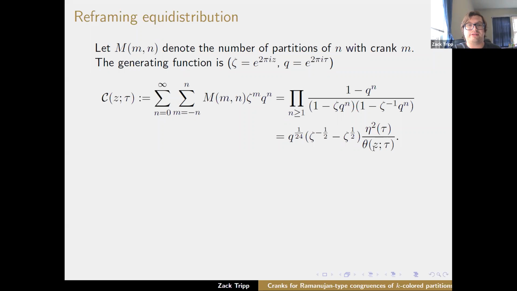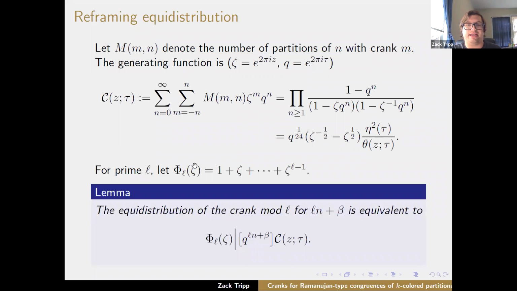It turns out equidistribution here is the same thing as starting with the L-th cyclotomic polynomial for a prime L and looking at the q to the Ln plus beta coefficient of this 2-variable generating function. That coefficient will be a polynomial in zeta and zeta to the negative 1.